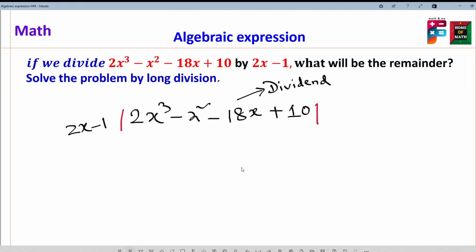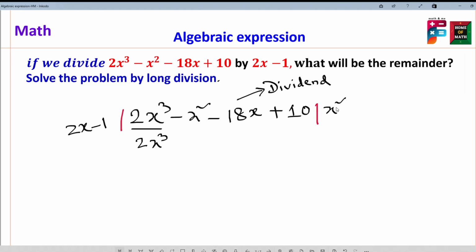Now look, our first target: we have to find out how to become 2x³. So if here we write only x², look, x² into 2x means 2x³.